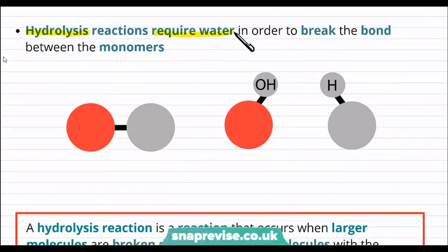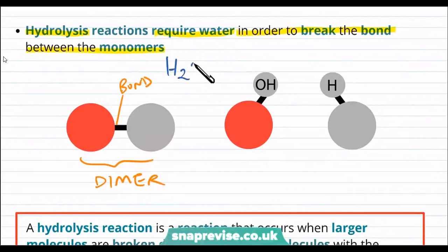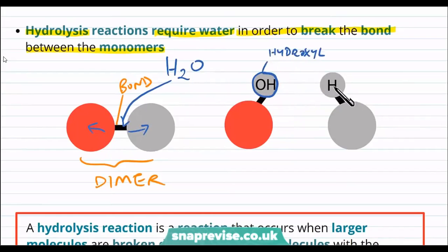And in this respect, we can talk about it as the reverse of condensation. Hydrolysis reactions require water, so we have to put water in order to break the bond between the monomers. So here we have a dimer formed of 2 monomers and a bond. In order to break that bond, a water molecule is added and it goes into the bond and pulls the monomers apart. Because what the water is now doing is replacing these 2 groups, where one monomer has that hydroxyl group and the other monomer is given a hydrogen.